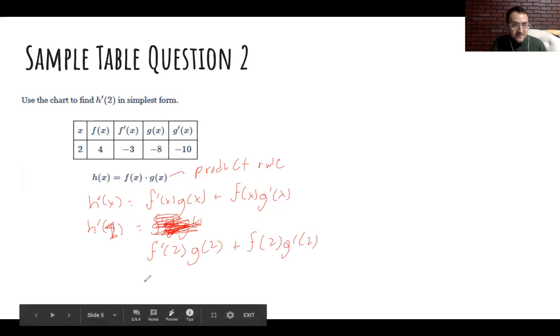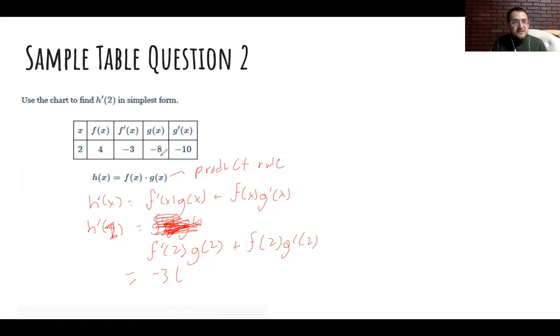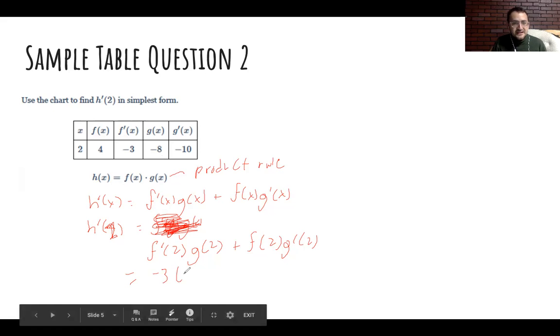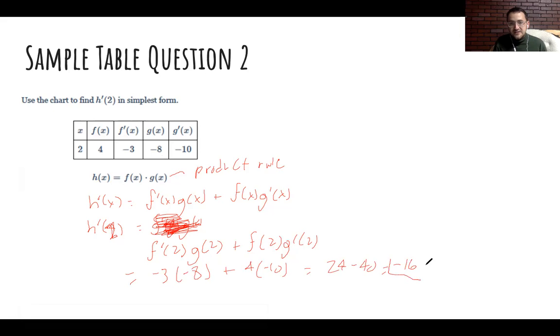So I find f prime of 2, which is negative 3. I have g of 2, which is negative 8, plus f of 2, which is 4, and g prime of 2 is negative 10. That's going to get me to 24 minus 40 for a grand total of negative 16.